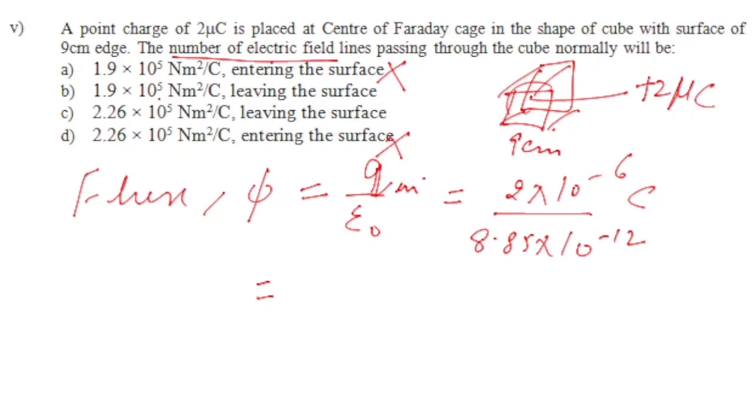B is 1.9 into 10 to the power 5 Newton meter square per coulomb leaving the surface, and C option 2.26 into 10 to the power 5 Newton meter square per coulomb leaving the surface. Which option is correct? After calculating this one, you get the answer 2.26 into 10 to the power 5 Newton meter square per coulomb leaving the surface. Yes, option number C is correct, right?